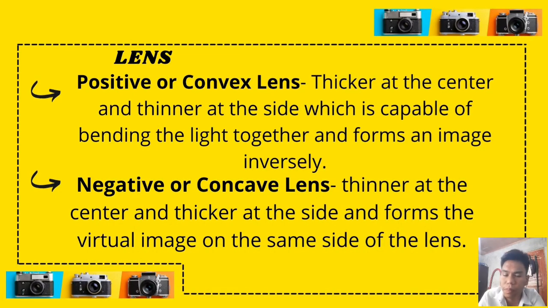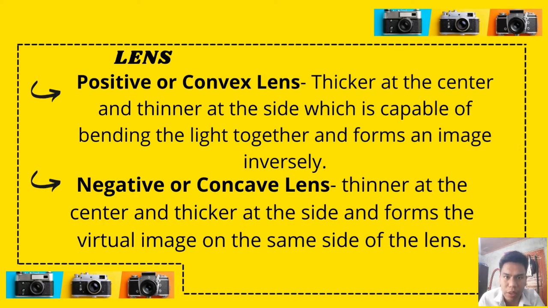So we have positive or convex lens and negative or concave lens. Actually, na-discuss na to ni sir, pero ang pinagkaiba lang nito is that ang positive lens, this forms an image inversely, while sa negative lens is that it forms the virtual image on the same side of the lens, okay, which will lead us to its second difference, that which is ang positive lens, the focal point of the lens is placed on the other side or on the opposite side of the place where the object is, okay.